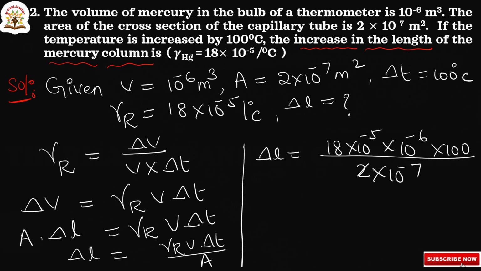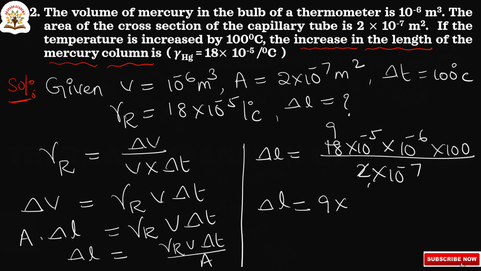Here 2 ones are 2, 9s are 18. So delta L, or increase in length, is equal to 9 into 10 to the power of minus 5, 10 to the power of minus 6, 10 to the power of minus 11. Here 100 can be written as 10 square.